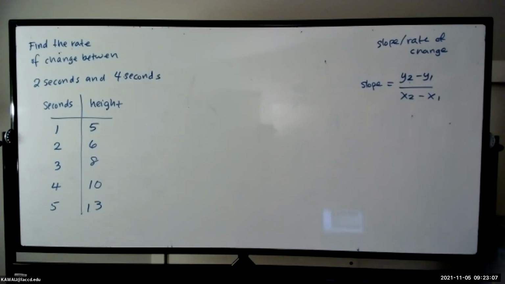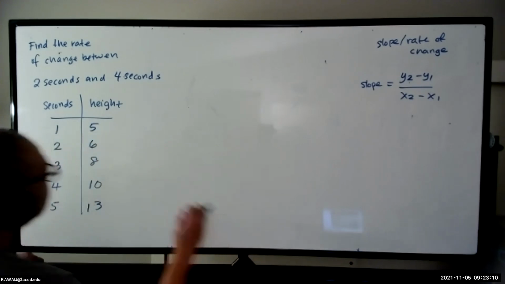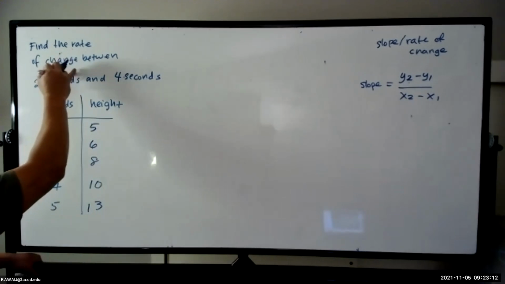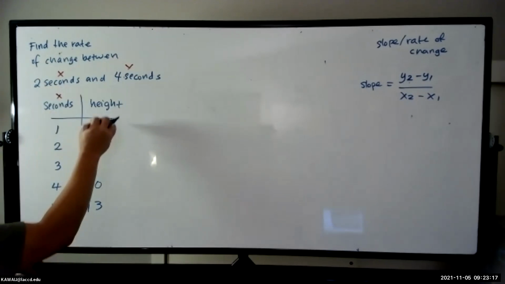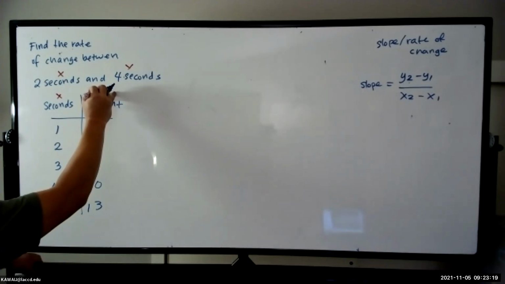Okay. Now, when they give you these values, these are going to be your x values. Because they said 2 and 4 seconds, I know that this is my x, then I know that this is my y.